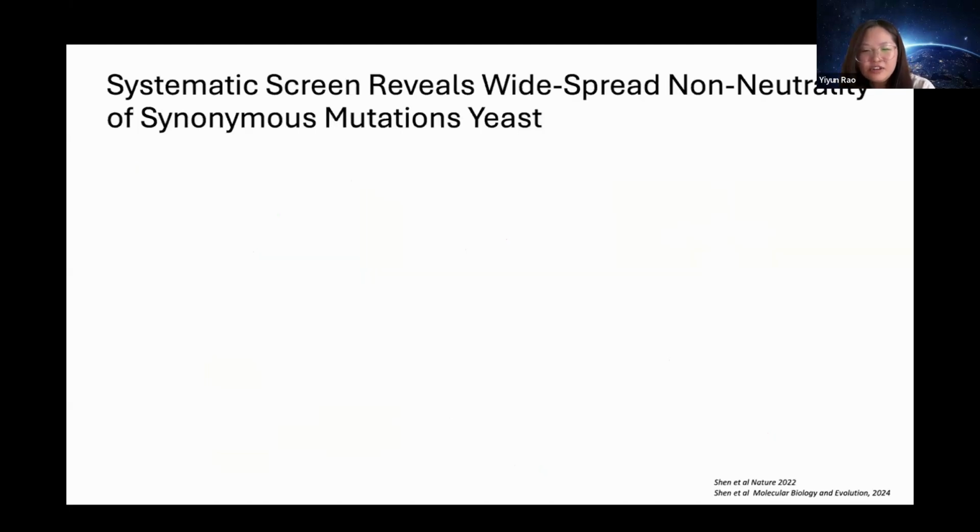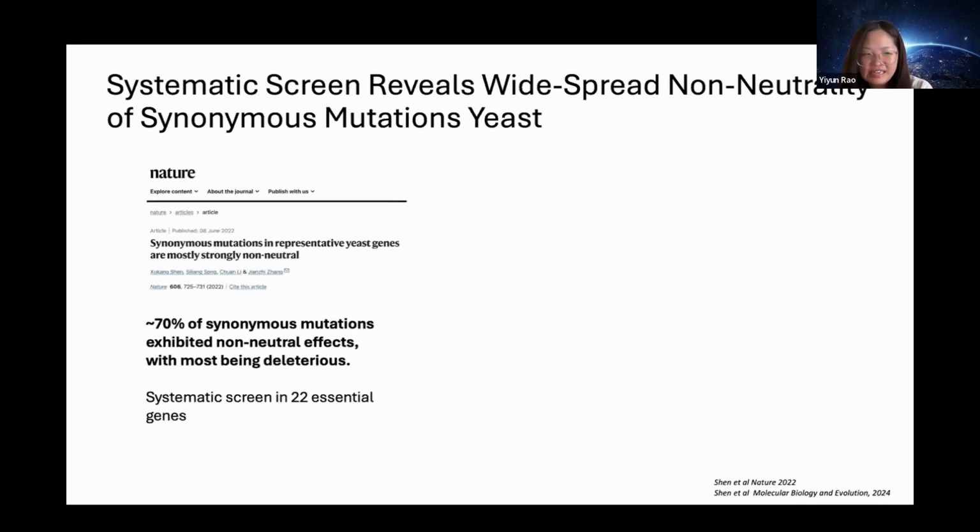But now here's where things get really interesting. A study in 2022 made headlines by claiming that 70% of synonymous mutations are deleterious in yeast. It's a systematic screen in 22 essential genes in yeast, and their fitness effects were found to be comparable to missense mutations.